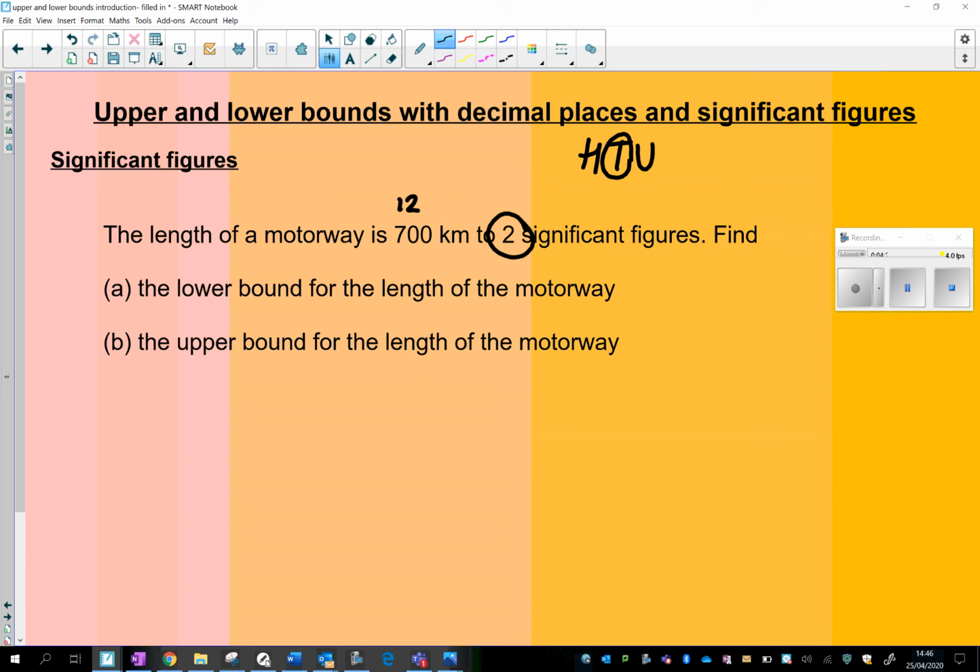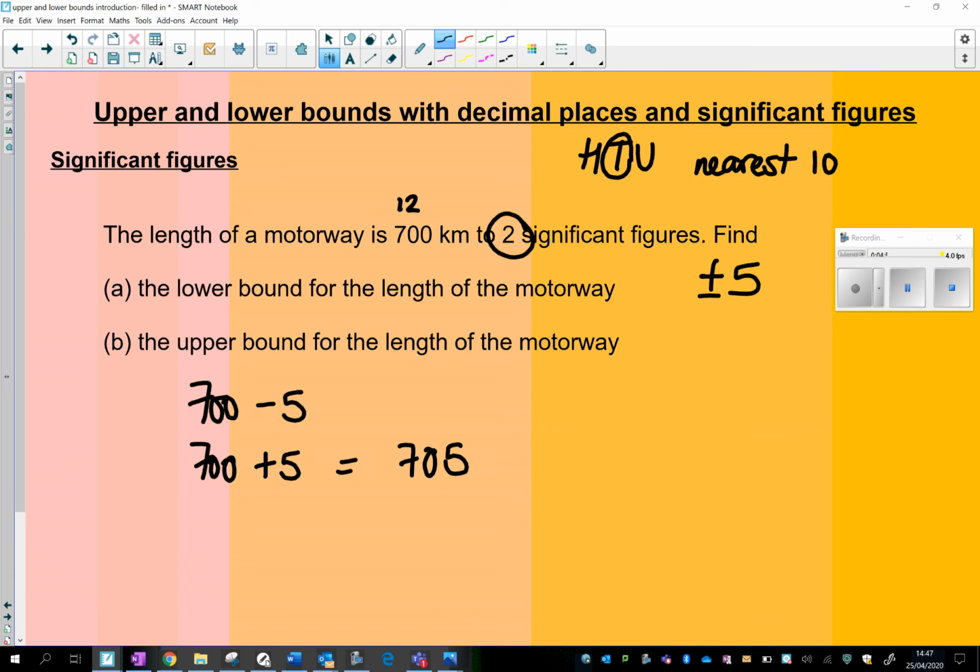So this time that second significant figure is in the tens column, so the number has been rounded to the nearest 10. And if it's been rounded to the nearest 10, we add and subtract half of 10, which is 5. So the lower bound is going to be 700 take away 5, and the upper bound is going to be 700 add 5, giving us an upper bound of 705 kilometers and a lower bound of 695 kilometers. Okay, so very different from the last one.